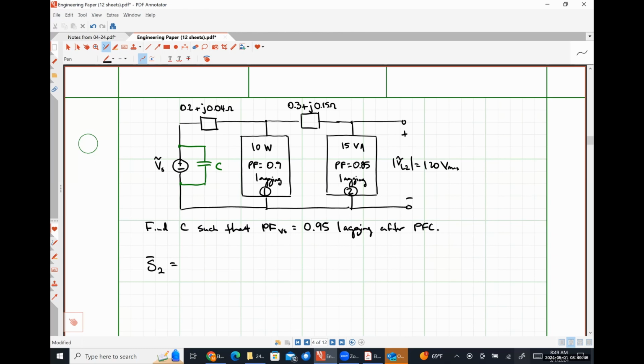Anybody have any thoughts on how we might do that? If you took circuits 1 with me, I ask you to do this kind of stuff very often. So let me rephrase things, okay?